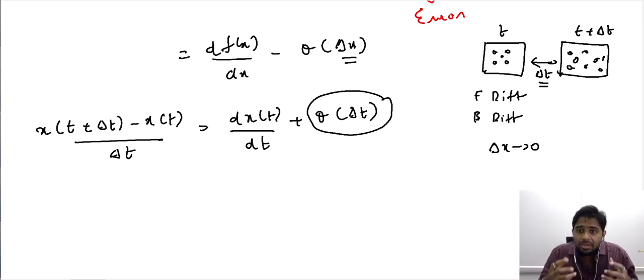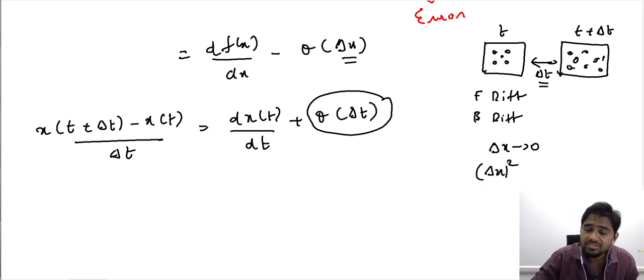So when we are able to have an approximation treatment wherein the error does not scale with delta x, but scales with delta x the whole square, then what essentially we have done is, we have significantly reduced the error associated with it.